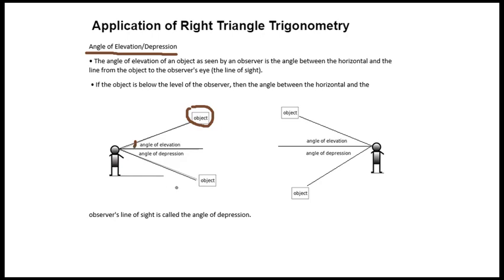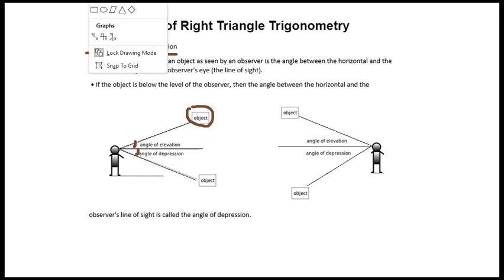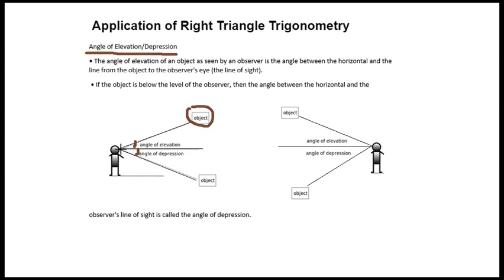If you look down at an object, you will get the angle of depression. For angle of elevation and the angle of depression, you need to remember these two angles are always formed by this horizontal line.